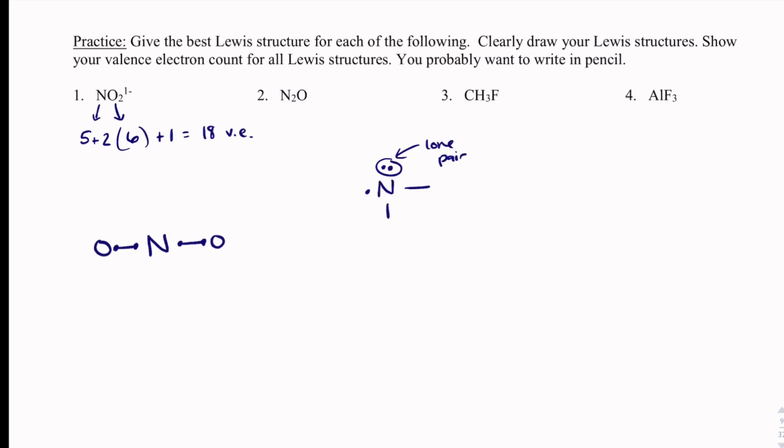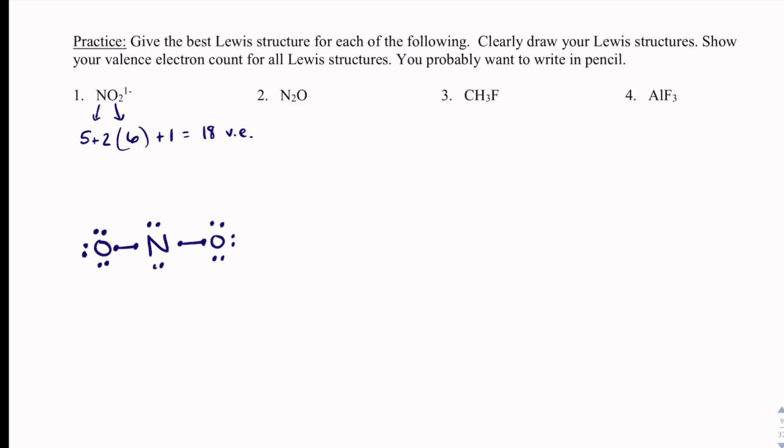We could even do 4 bonds and no lone pairs. So we want all 4 sides of our atom covered. So what I'm going to do is put these dots around. And I've gotten all 4 sides of my atoms filled either with a bond or a lone pair.